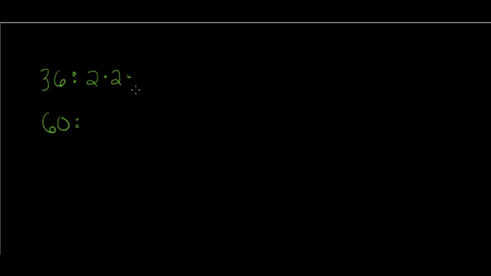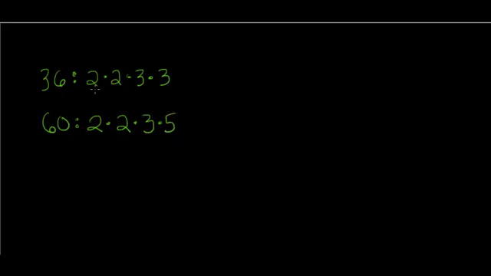That leaves me with 9. 9 can be divided by 3, which leaves me with 3 again. 60 is kind of the same thing. I can again divide mentally by primes. 60 can be divided by 2, which leaves me with 30. 30 can be divided by 2 also. Now I have 15. 15 I can divide by 3, which leaves me with 5 as my last factor.